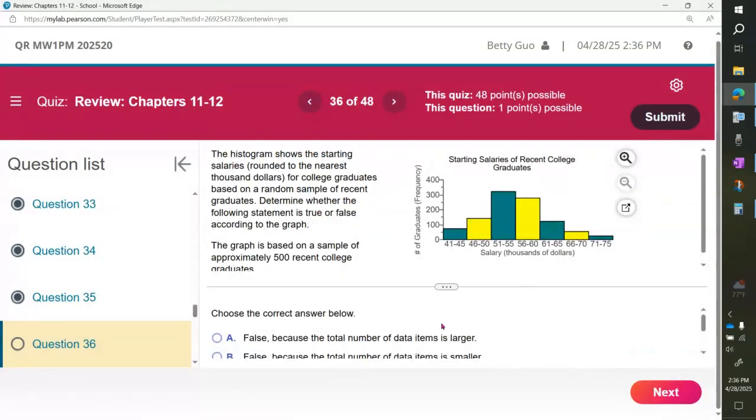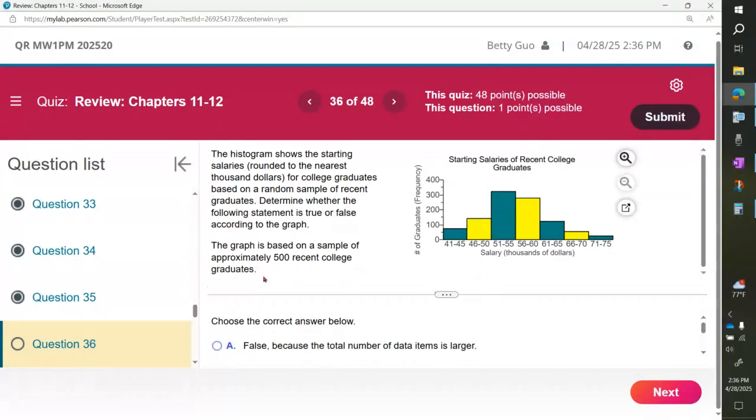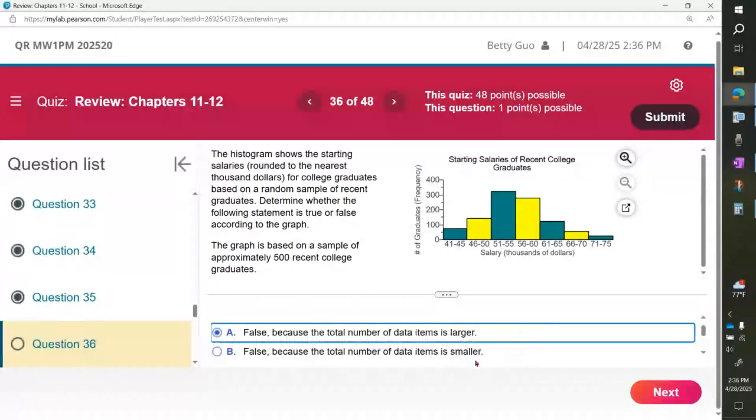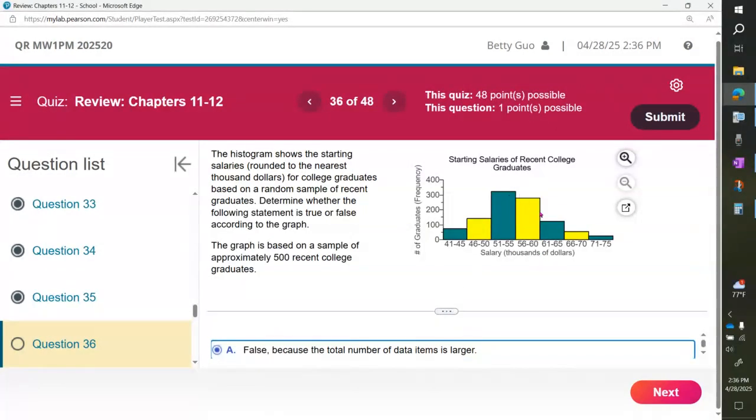The histogram shows the starting salaries of the graduates. The graph is based on a sample of approximately 500 recent college graduates. This is false, definitely false, because the total number of data items is larger. As you can see, those highest two bars already extend past 300.